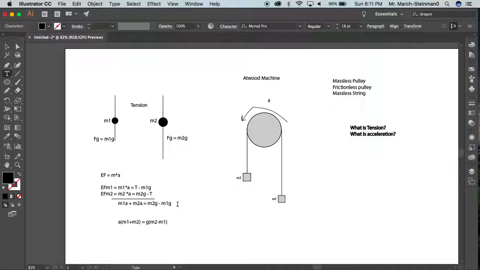And then I can solve that to say A equals G times m2 minus m1 over m1 plus m2. So that's a pretty standard equation. And make a line there just to make it look pretty.